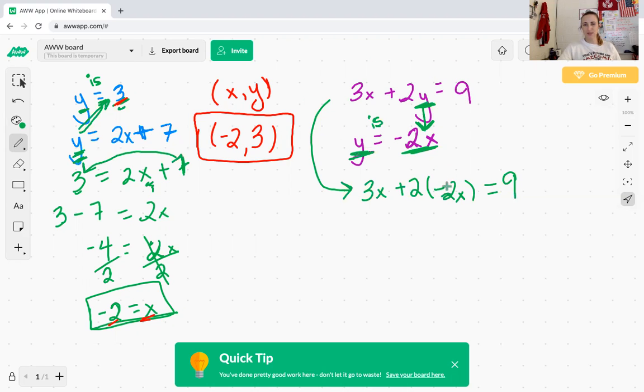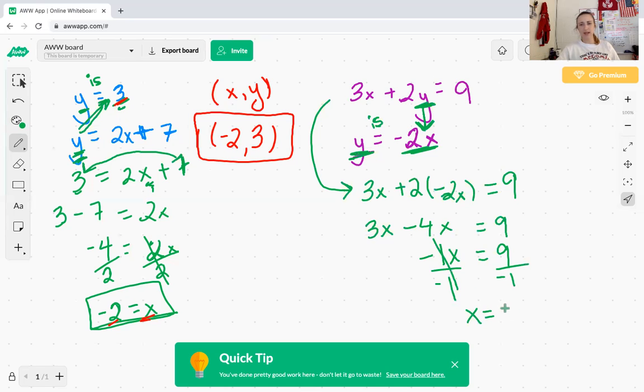So 2 times negative 2x is going to be a negative 4x equals 9. 3x minus 4x gives us negative 1x equals 9. The last step is to divide both sides by negative 1. The negative 1's cancel, and we end up with x equals negative 9.